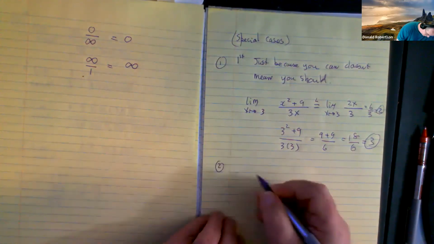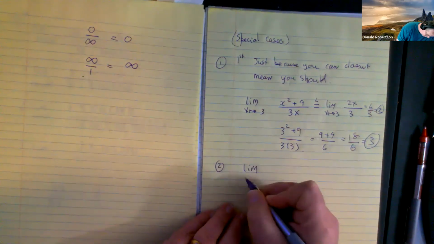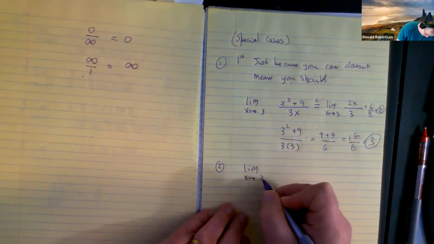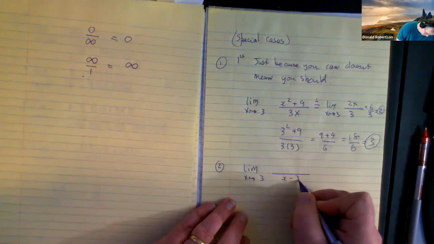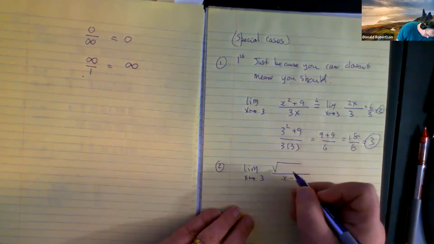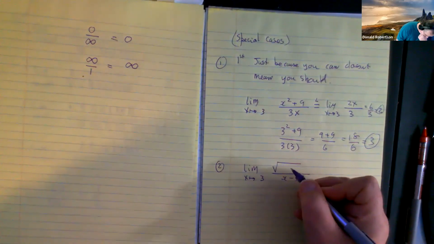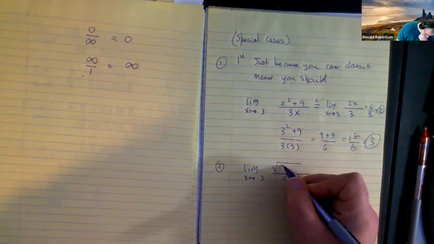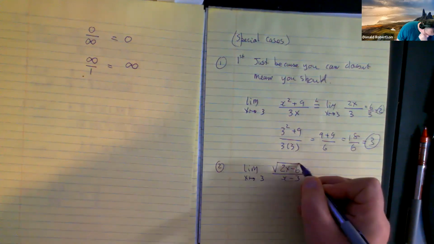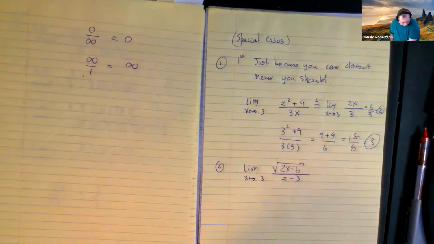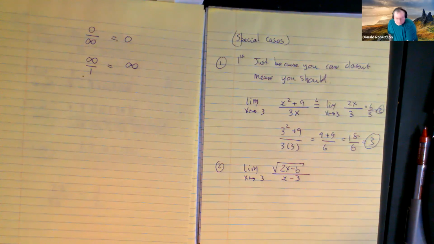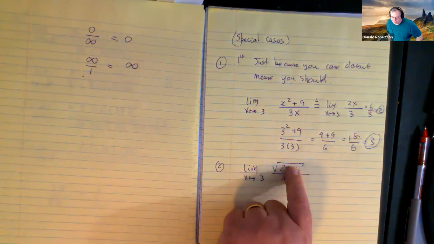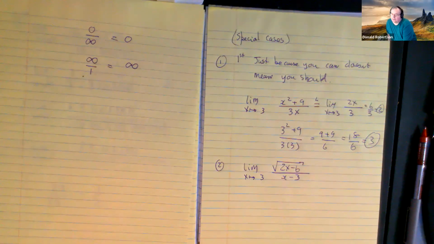Second special case is, suppose I wanted to find the limit as x tends to 3. Something like that. It has a square root in it. If you plug in 3, it is indeterminate form. All right.